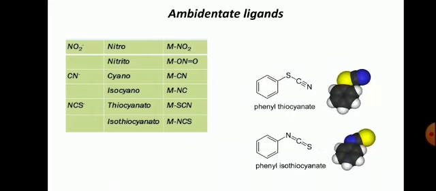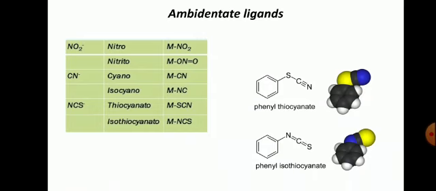Other examples are nitro and nitrito, where NO2 has a lone pair on nitrogen and oxygen has a negative charge. So it could be M-NO2 or it could be M-ONO. You can also have thiocyanato, which is M-SCN, or isothiocyanate, which is M-NCS.